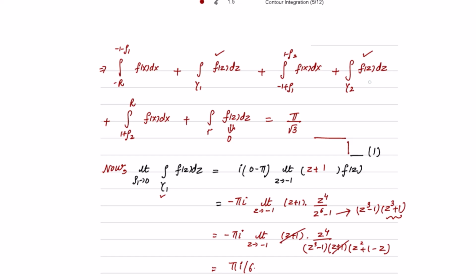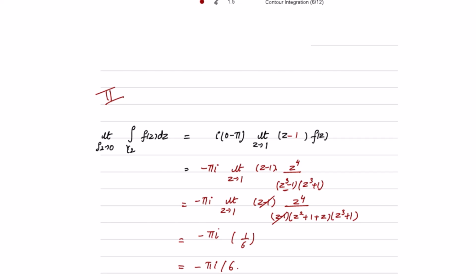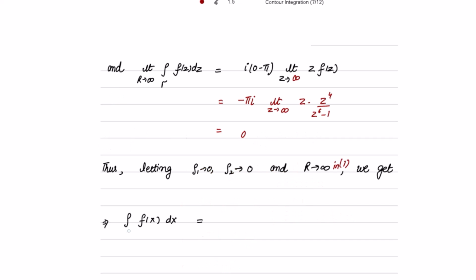Then from here the limits are from 1 to infinity because rho 2 is 0, and then this integral is always coming out to be 0. So I'm just putting the values. So I get the integral as minus infinity to minus 1 f(x) dx.